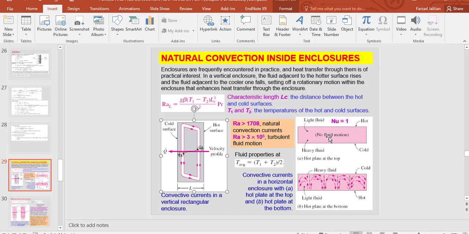So if we have a heavy fluid in the enclosure, the motion of the fluid inside the enclosure may not be enough to have convection heat transfer. How can we understand that? By calculating this Rayleigh number. So in every enclosure, we don't necessarily have convection heat transfer. We should check if the Rayleigh number is higher than this value.